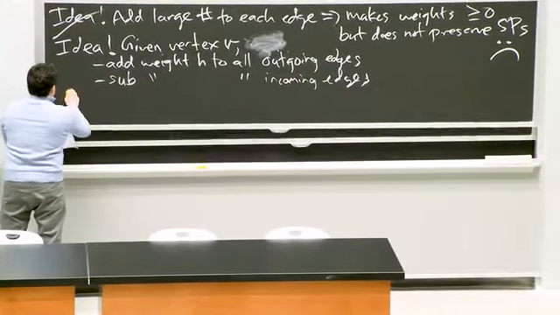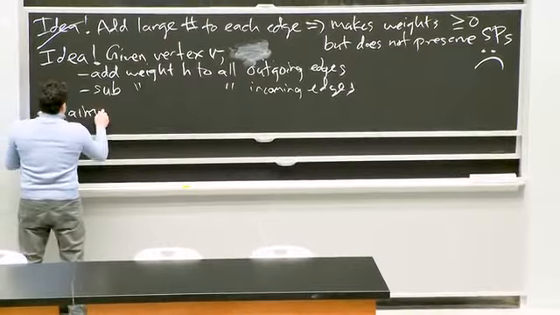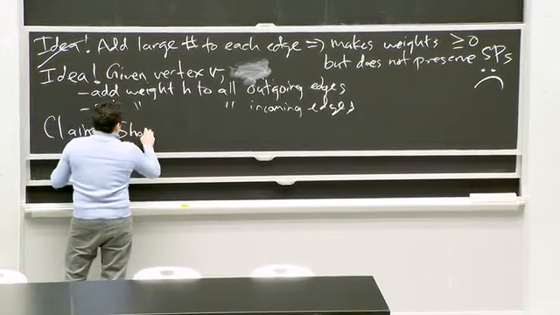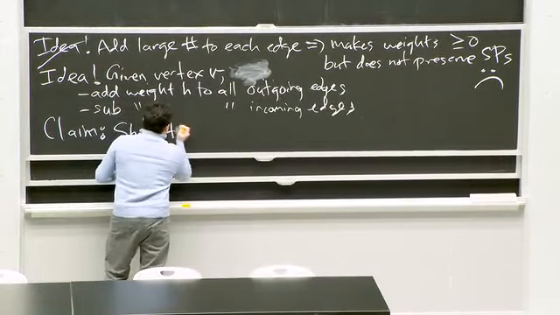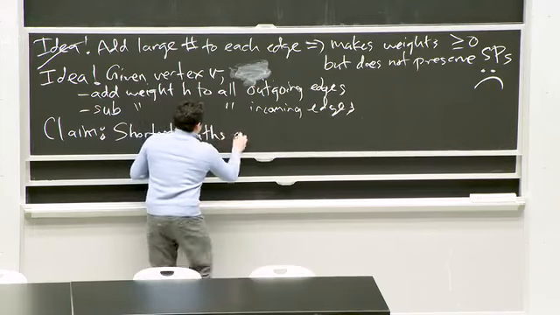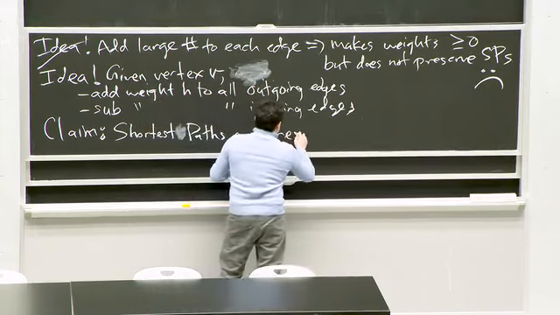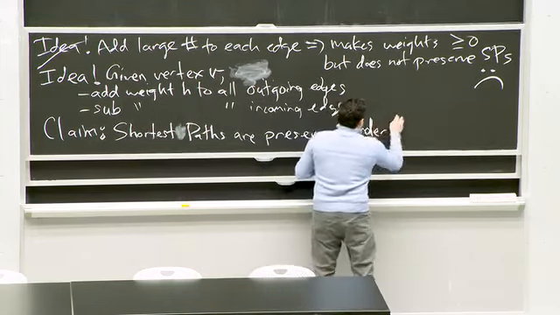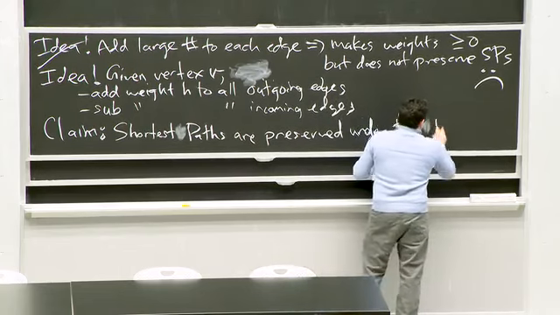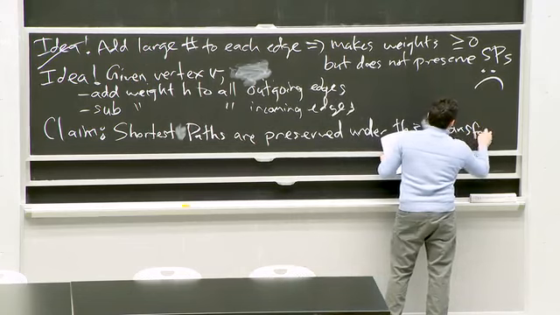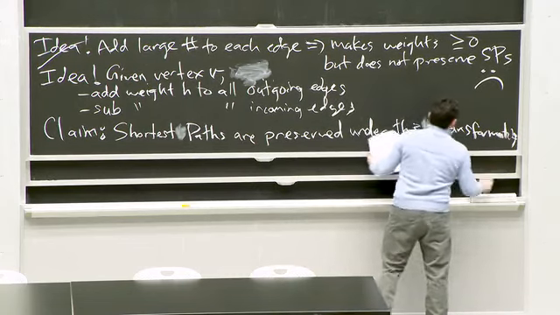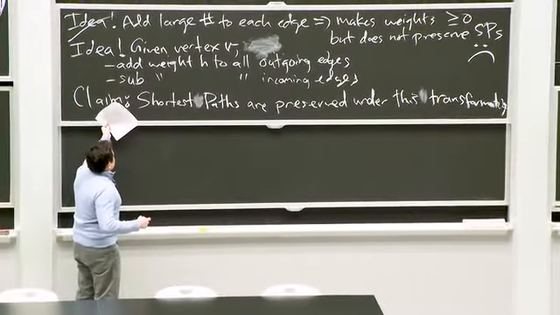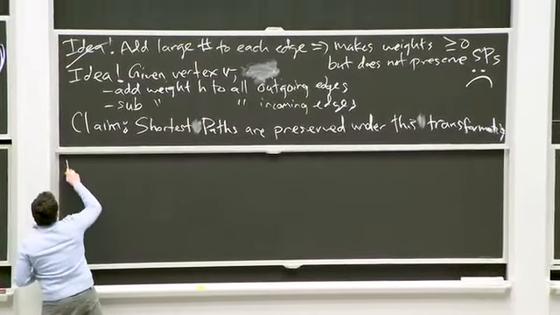And the claim is this transformation, shortest paths are preserved under this transformation. And why is that? It's kind of the exact same argument that I had over there, right? Proof.